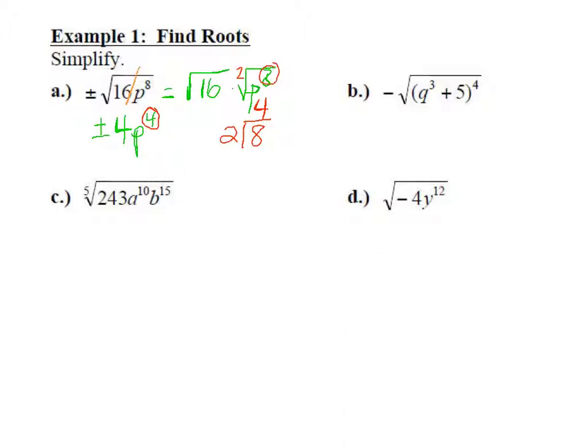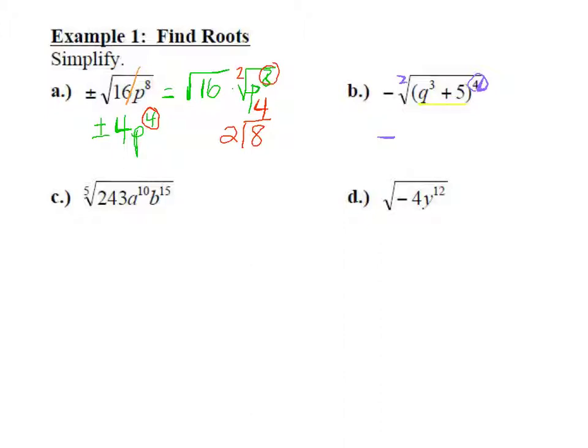Now for b, we have a negative out front. So since we have a negative out front, we're going to have a negative in our answer. But we're going to have to take the 4 and divide it by the 2 that's written out front. Whatever's inside your parentheses, you cannot touch. You just leave it alone.